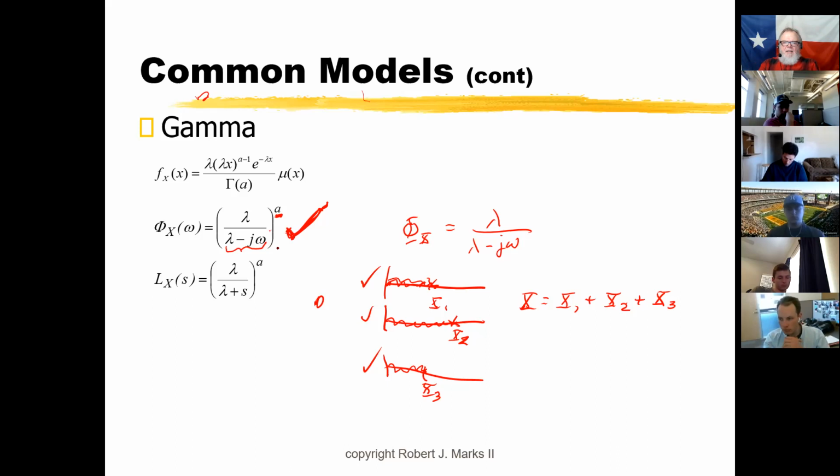So therefore, the characteristic function of the sum, let's call this x3, is equal to the characteristic function of each of these multiplied together, which is in this case cubed, right? Since there's 3 of them. So therefore, it would be a gamma random variable if we did 3 tests and we knew what lambda was, with a parameter a equal to 3.